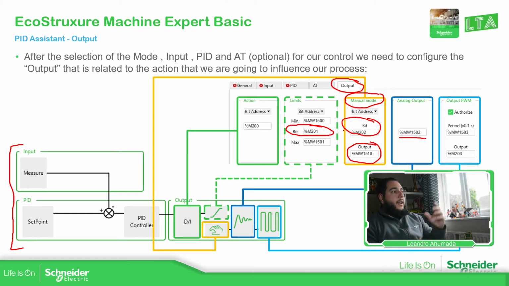I have some limits, in case the analog output goes from 0 to 10,000, so you can limit that action of the output. You can do this with the limits. If you want to make a conversion, you will need to do it later. Another thing that you can do is to use a PWM output, but I'm going to cover that in the next video, so we can play fully with the output in PWM.